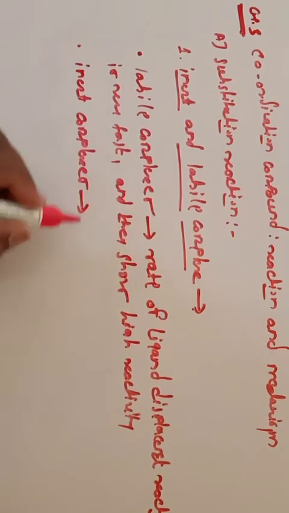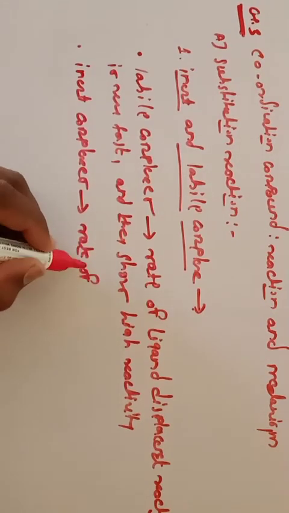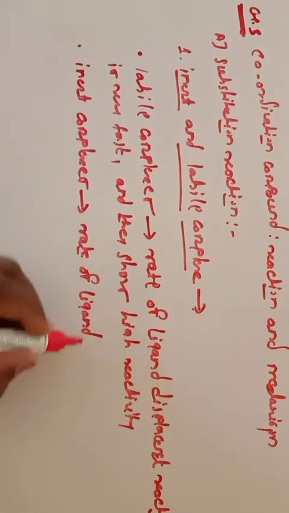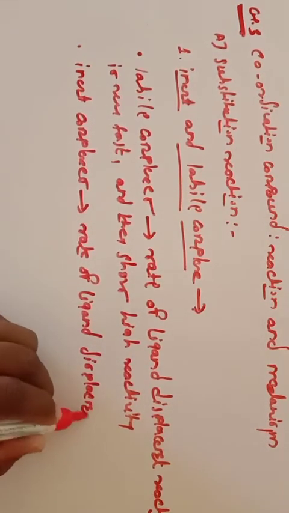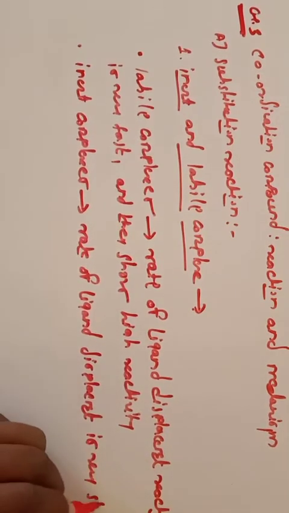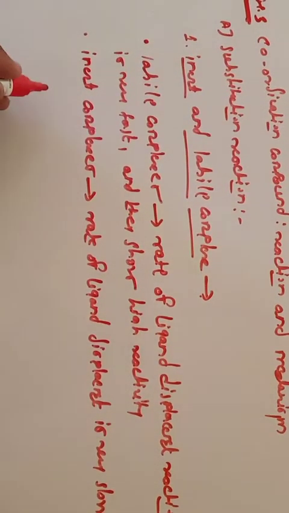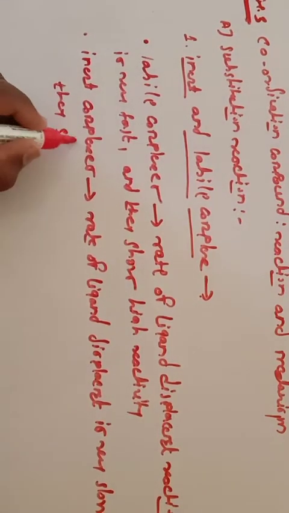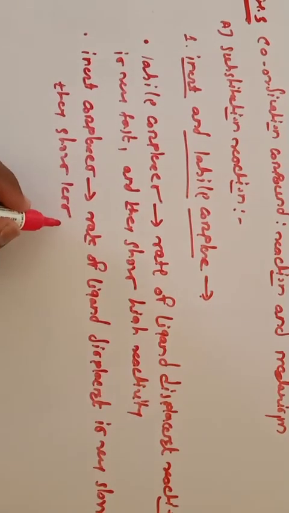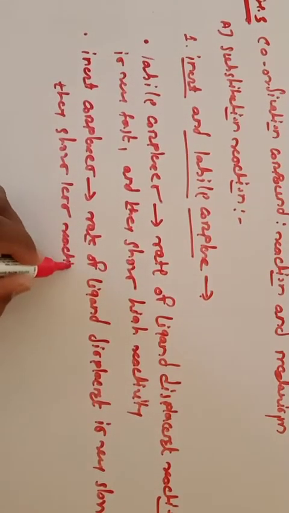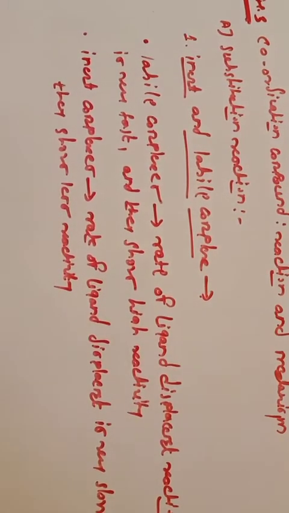The complexes in which the rate of ligand displacement is very slow, and we can say that they show less reactivity, are called inert complexes, and this property is termed as inertness.